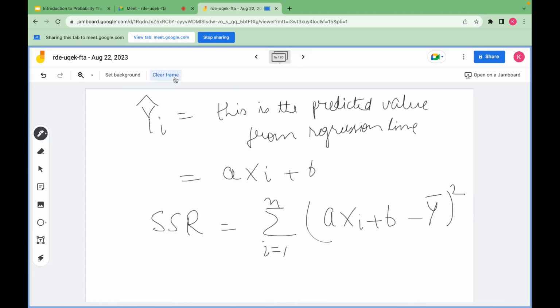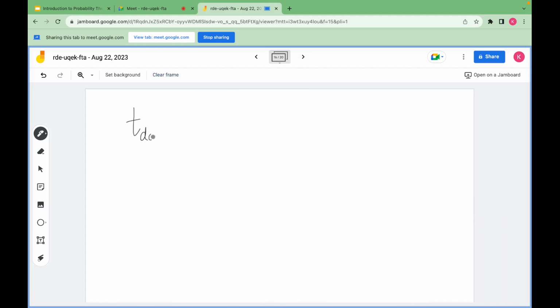And we find our T with DOF comma alpha, which is DOF 8 comma 0.05. This value comes out to be 1.860.